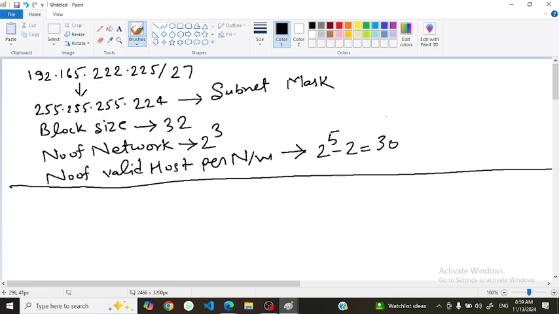We are seeing changes in the last octet because it is /27, so the 27 value comes under the last octet. So changes will be only in the last octet. And what is the block size? 32.